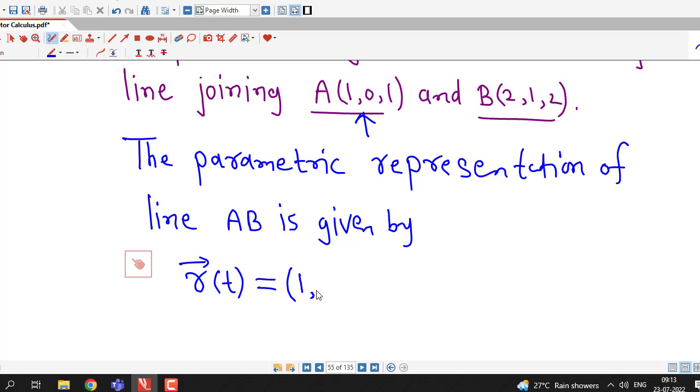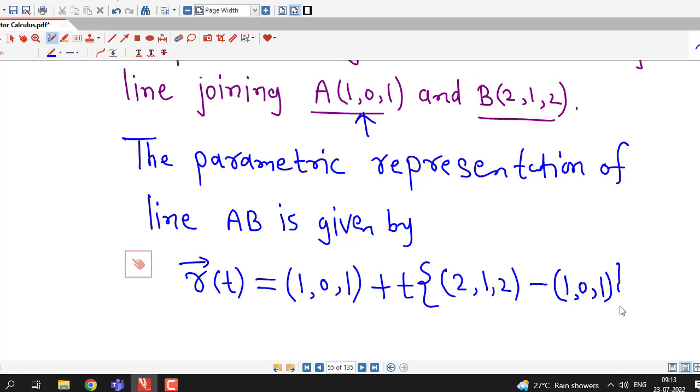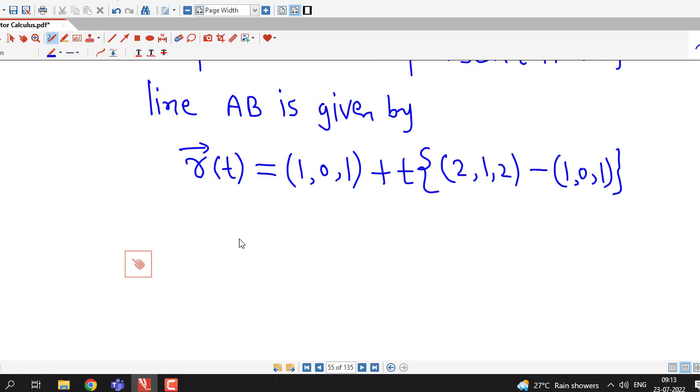Suppose we write this vector (1, 0, 1) plus t times the difference of these two vectors, the vector representing point B and the vector representing point A. After simplifying this, we will obtain the parametric representation of the given straight line, which is our path of integration.